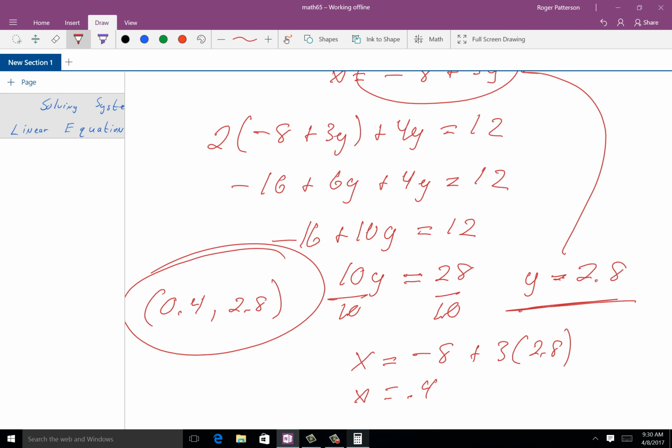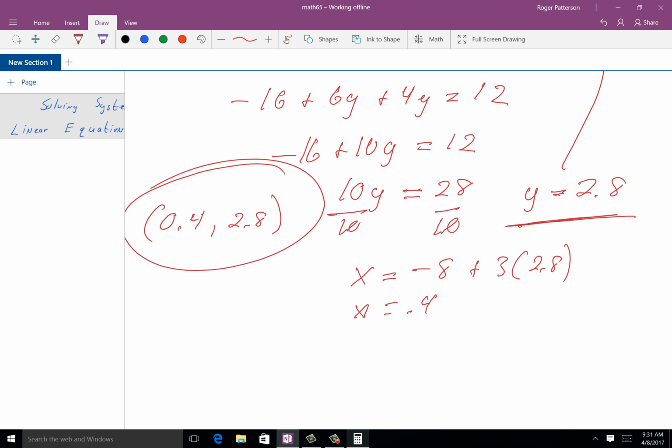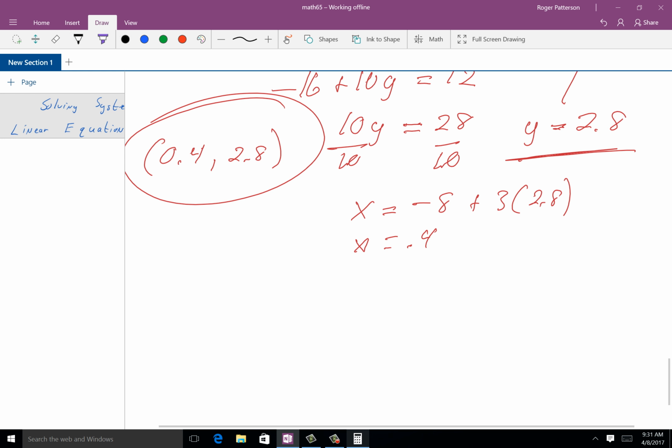Okay. So, the last method I'm going to show you today, we'll do some of those, and then I'm going to give you a chance to do some of your assignments. So, let's take a look at that one. And that one's called elimination.